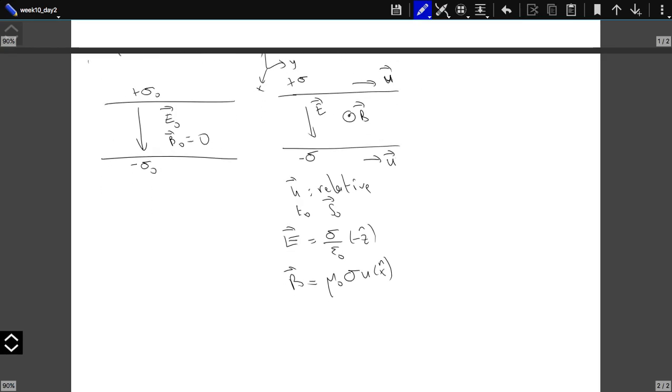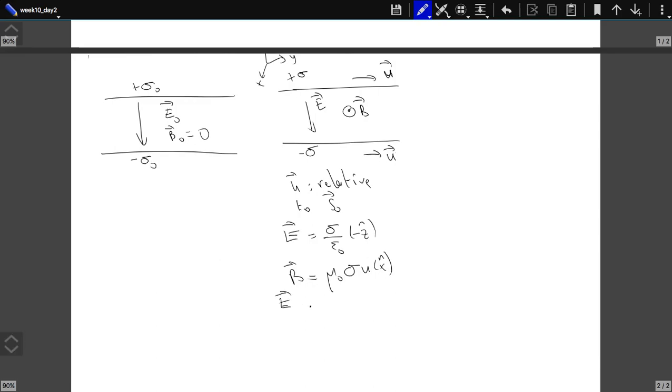Or if you like, the electric field is equal to gamma times E0, whereas the magnetic field is mu 0 epsilon 0 times v cross E. Now u cross E, E cross u.